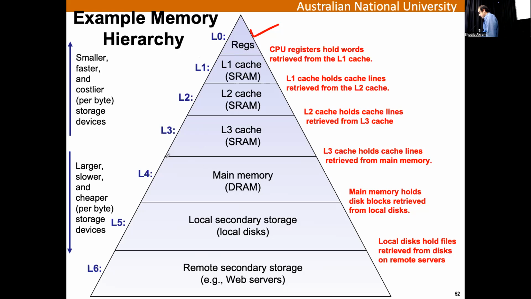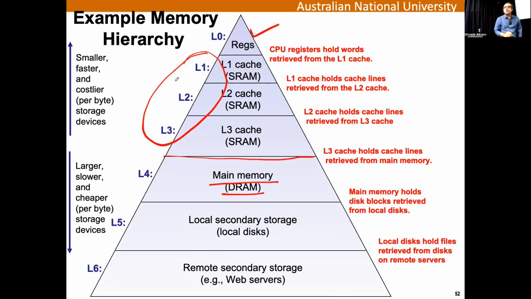Then you don't go directly to DRAM or main memory. You have multiple levels of caches, which is SRAM technology, and it is on the same die as the CPU. This is a small amount of SRAM that we place close to the CPU.